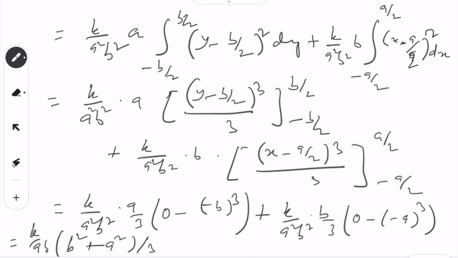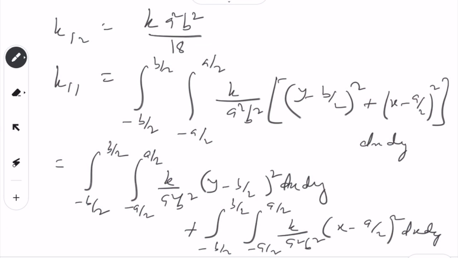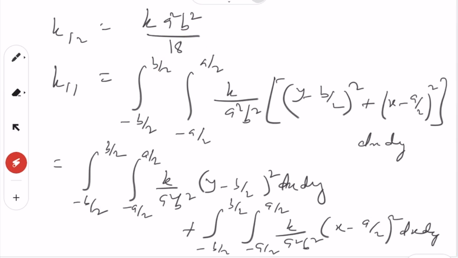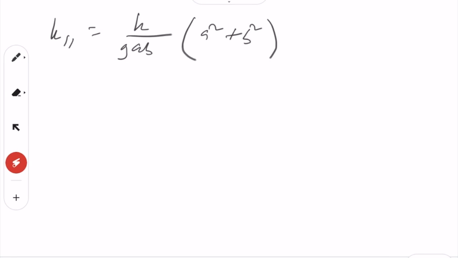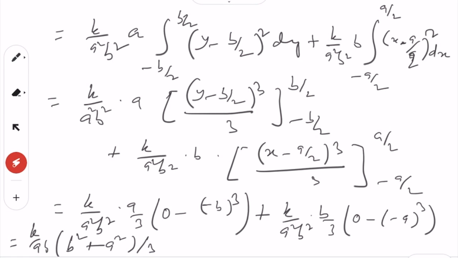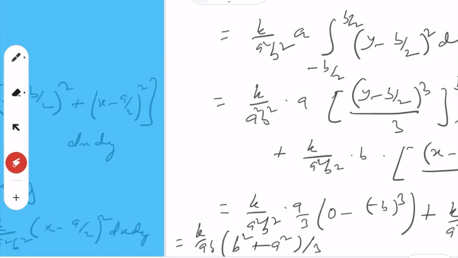Okay, is it okay? So if we see k12, we are getting something like this. If you look at the units, this is not correct, because you have a square divided by this, but in this case we are not getting the similar thing, so we have to check what happens.